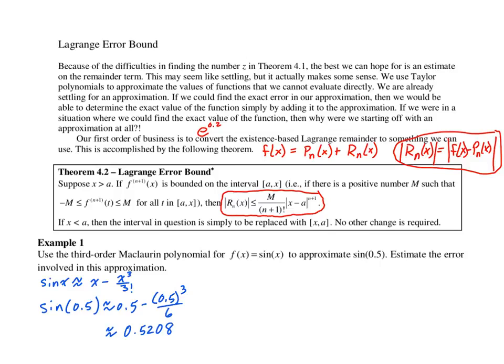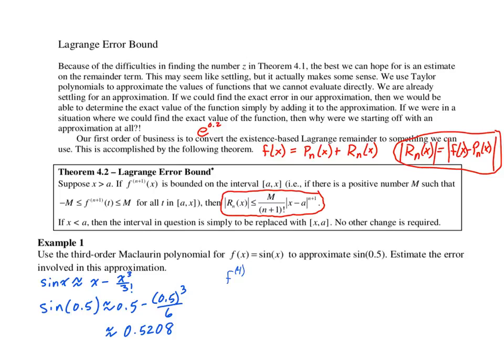And so the error is going to come from the maximum value of the fourth derivative, because it's the next derivative after the degree of our polynomial.